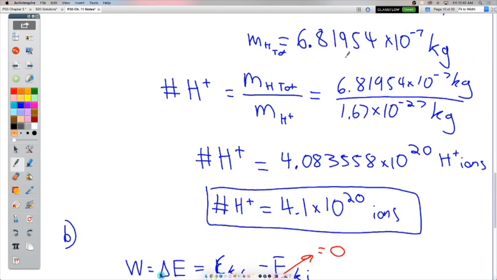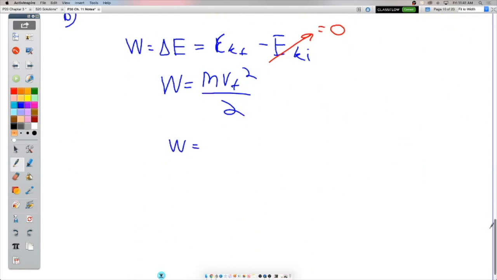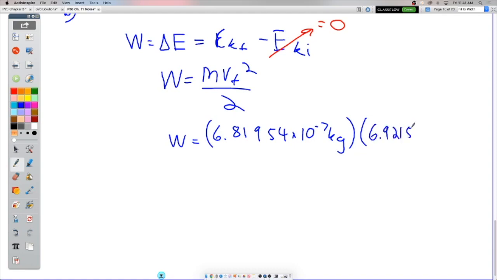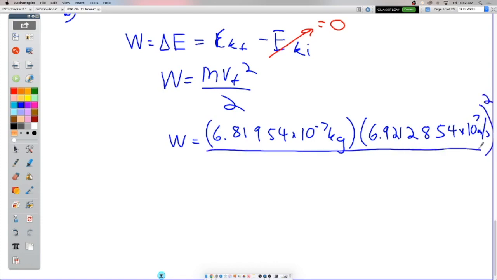We already found the total mass of hydrogen, 6.81954 times 10 to the negative 7 kilograms times their final velocity squared, which we found to be 6.92152854 times 10 to the 7 meters per second, all squared. And that's all over 2.